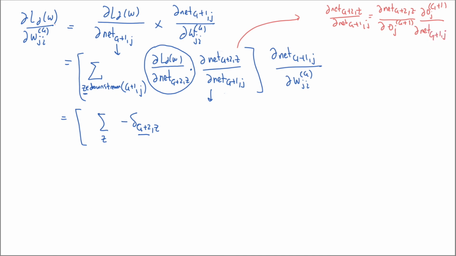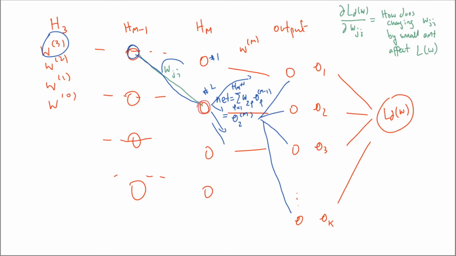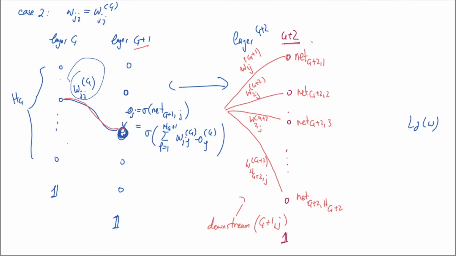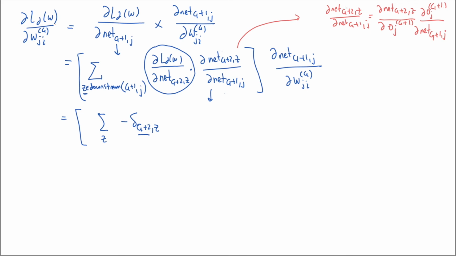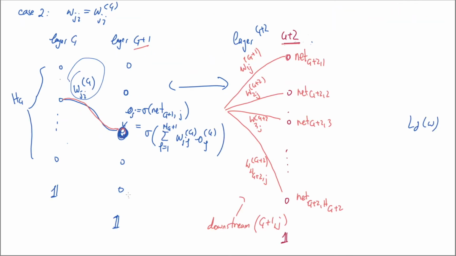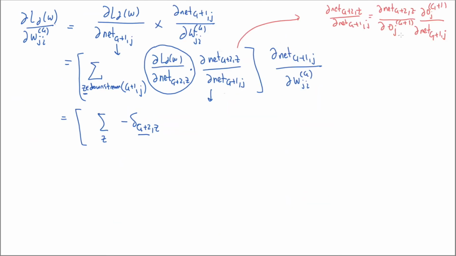Okay, so again, if you're confused by that, look at the picture. I'm looking at the derivative of net G plus 2z. So I'm looking at the derivative of one of these guys with respect to the net in the previous one. Okay, so all I'm saying is it's easier to look at the derivative of this with respect to the sigmoid, and then look at the derivative of the sigmoid with respect to the net. Okay, so that's what I'm doing here.